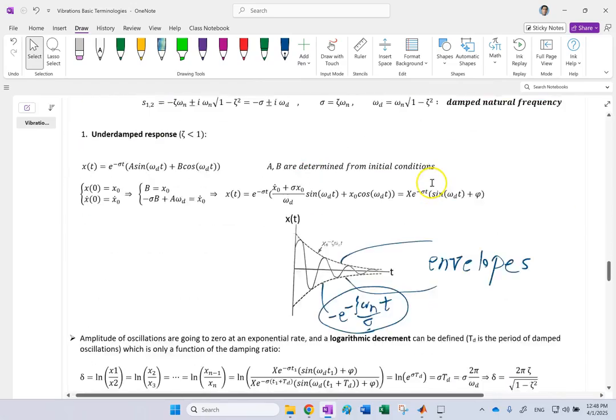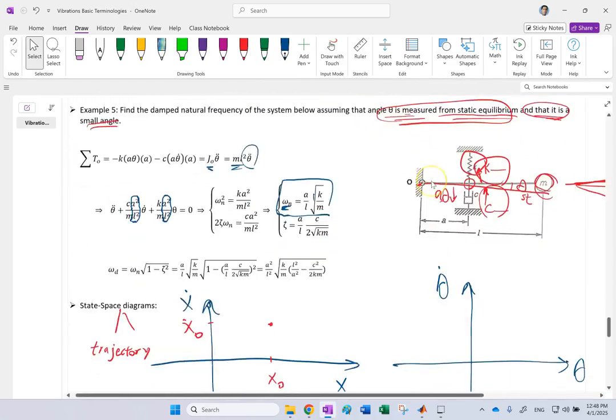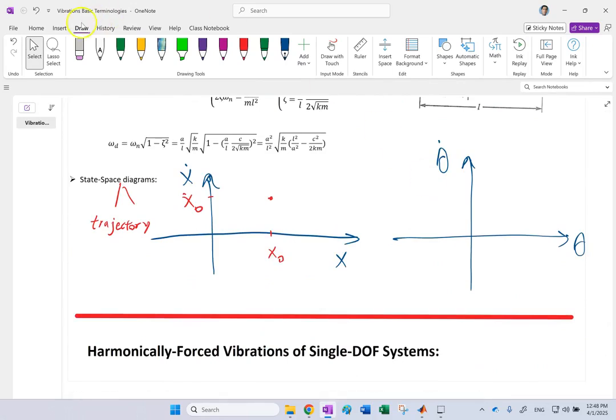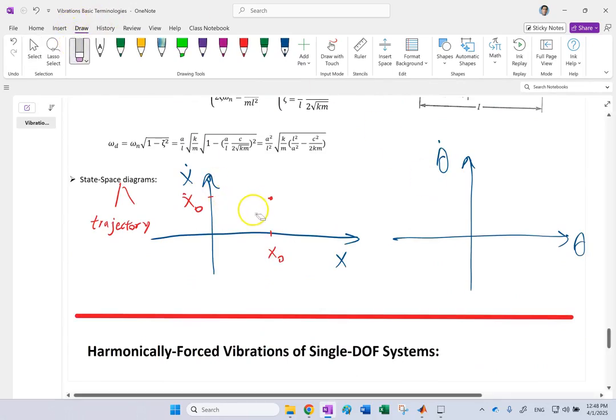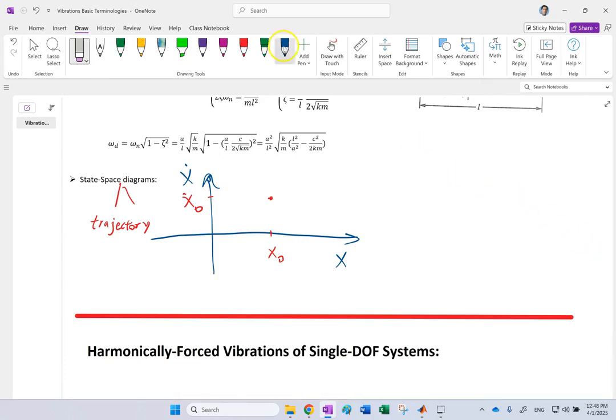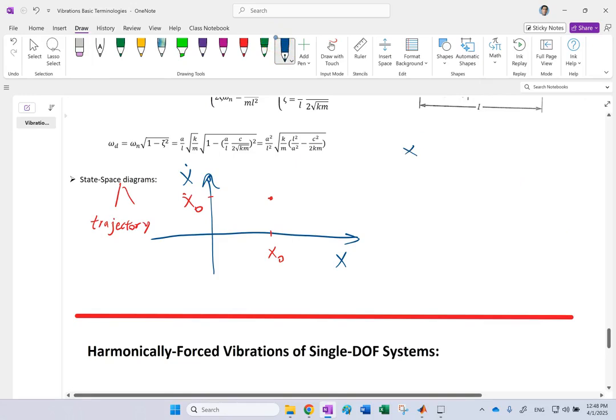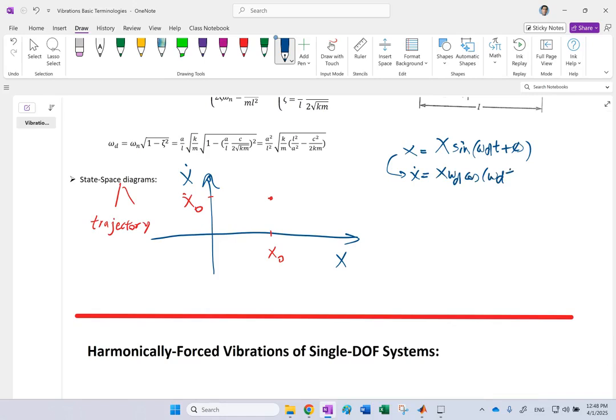So if I go back here and for a second look at the mass spring system with no damper, your x is capital X times sine of omega d t plus phi in general. Take a time derivative. x dot is going to be X omega d cosine of omega d t plus phi.